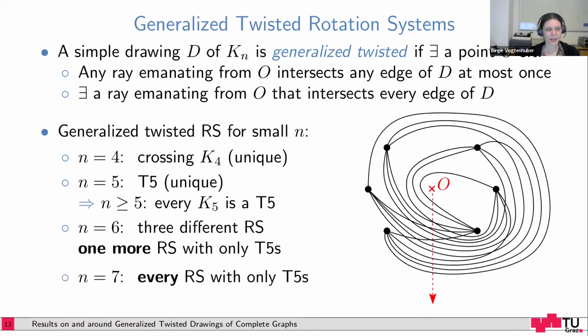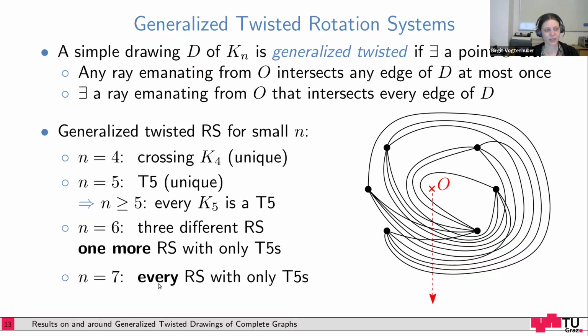Now, we expected that starting from n equals 7, 8, and so on, we would find more rotation systems that only have T5s, but are not generalized twisted.